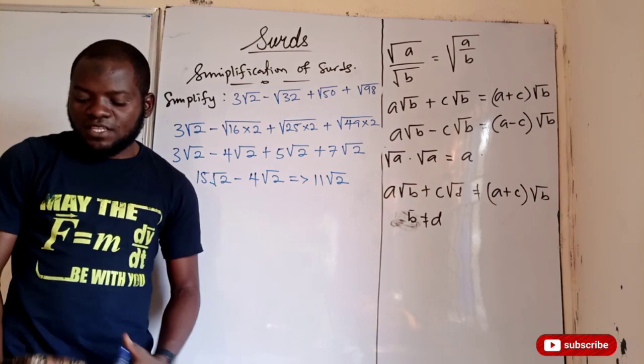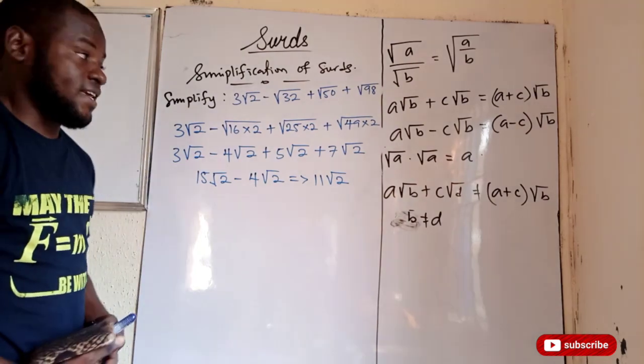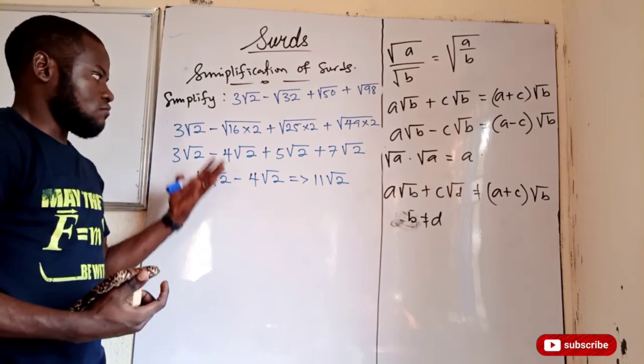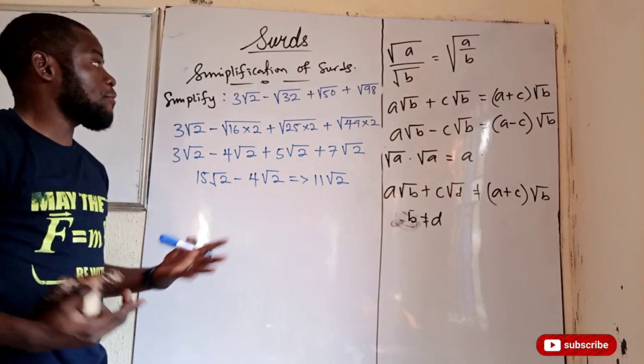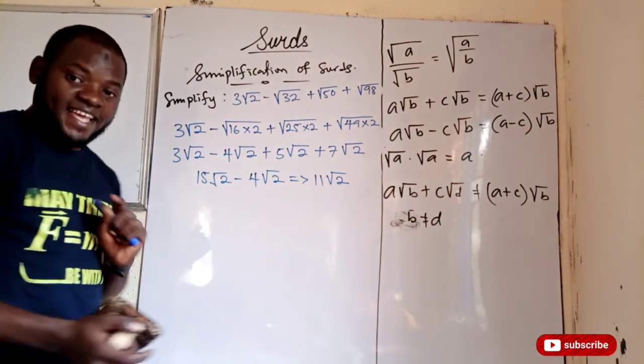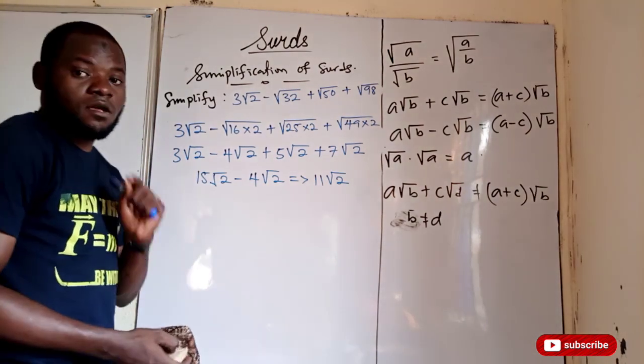Okay, if that should be the case, let us quickly look into what we call conjugate so that we can have more problems to deal with under this simplification. So the next thing we have to look at now is conjugate.